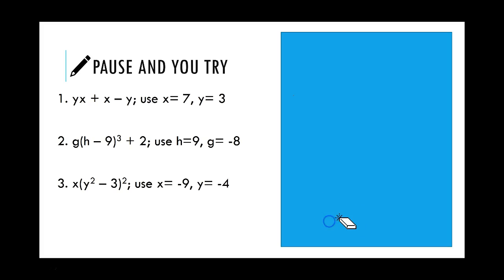All right, and the last one, x parentheses y squared minus 3 squared. Okay, so x is -9, y is -4. So watch what I do here, okay? So I'm going to change this to a bracket because I now want to add parentheses of -4 squared.